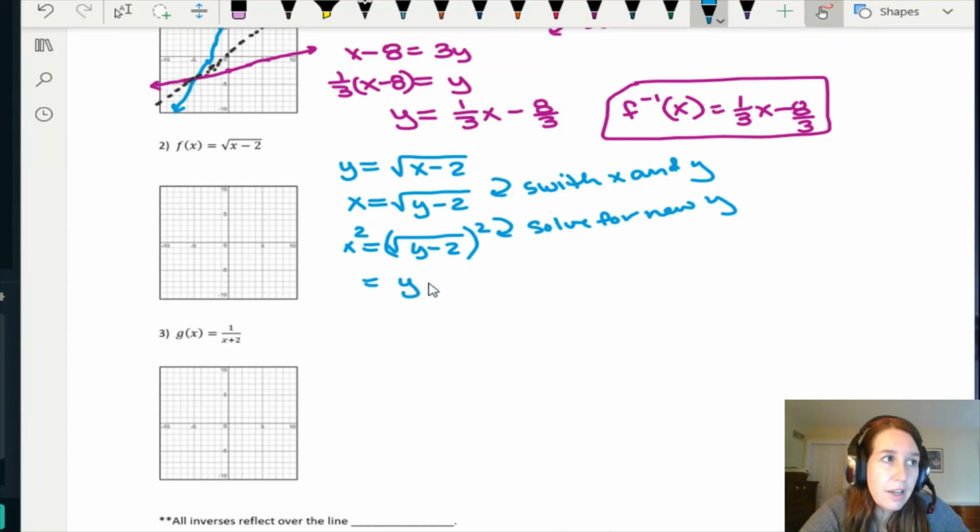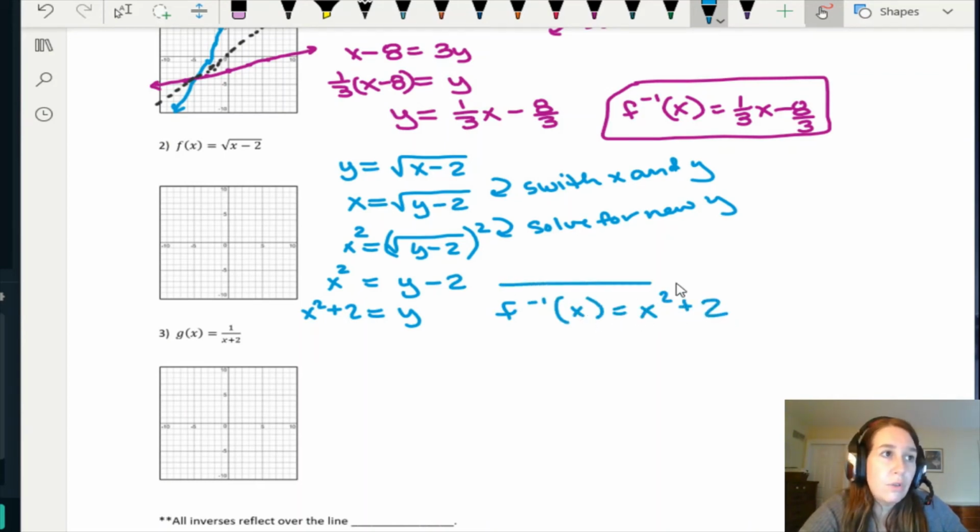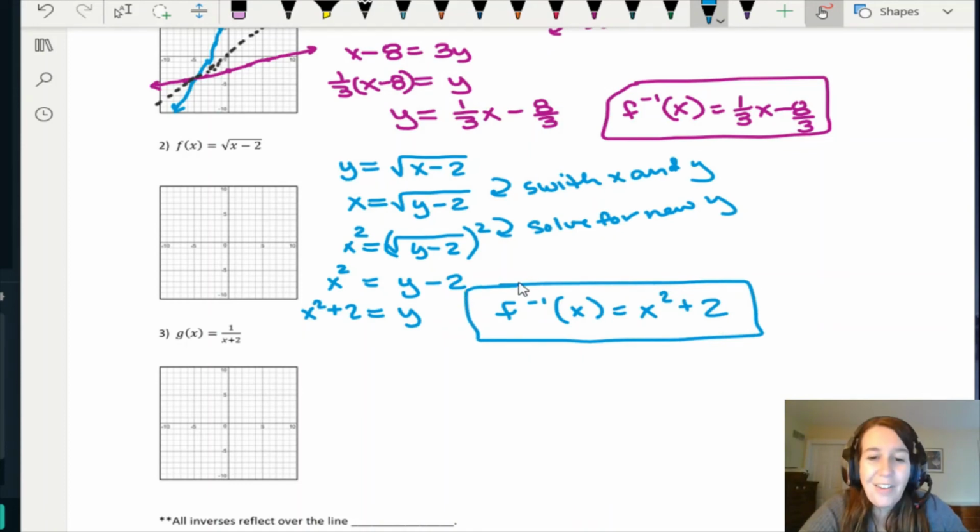So now on this side I have y minus 2, and on this side I have x squared. All right, now it's y minus 2, so I just have to add 2 to both sides. So y equals x squared plus 2. So my inverse is f inverse of x equals x squared plus 2. Great. Okay, now let's graph this and see that we need to restrict the domain of the inverse.